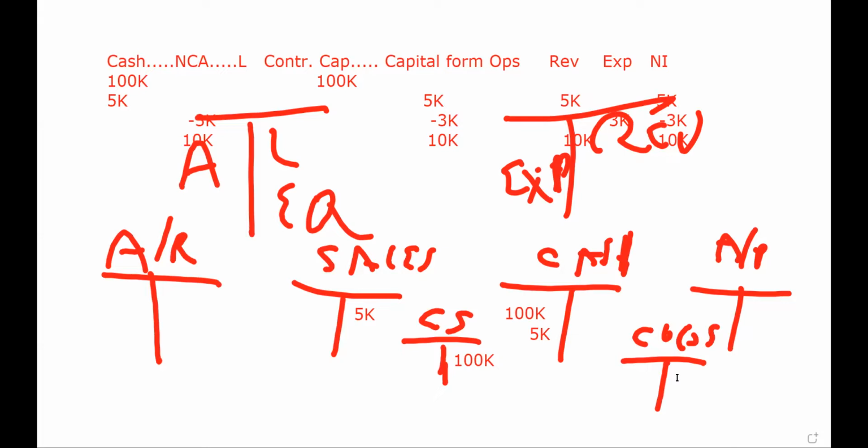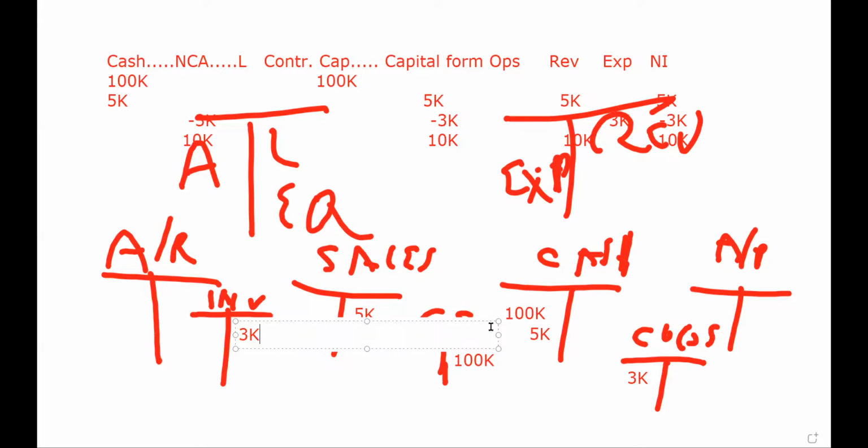T account. So if I have my cost of goods sold, I'm going to left my cost of goods sold to the tune of 3K, and I'm going to right my inventory to the tune of 3K. Use inventory, cost of goods sold.